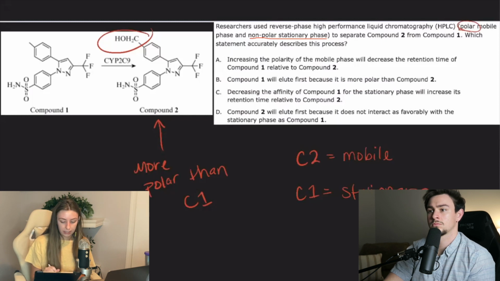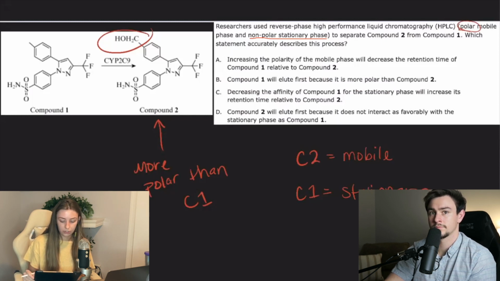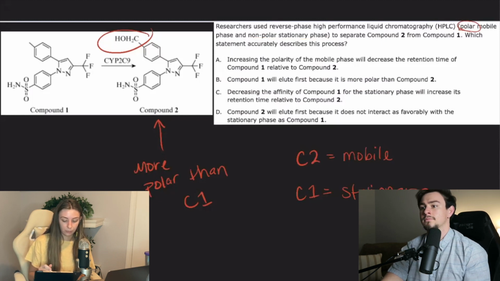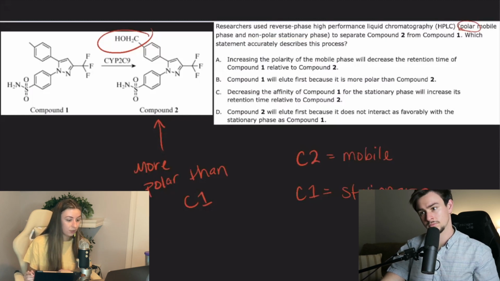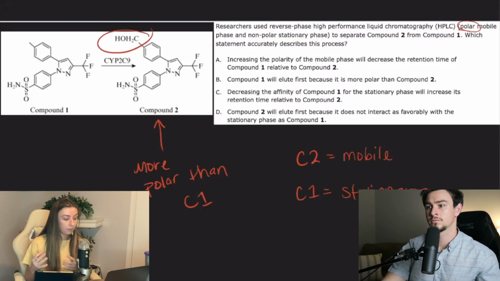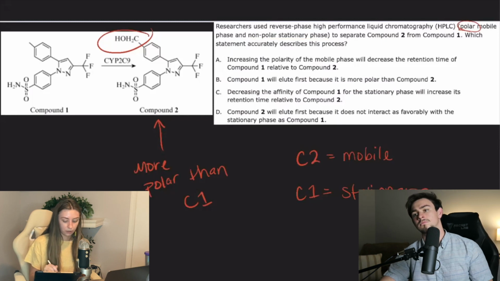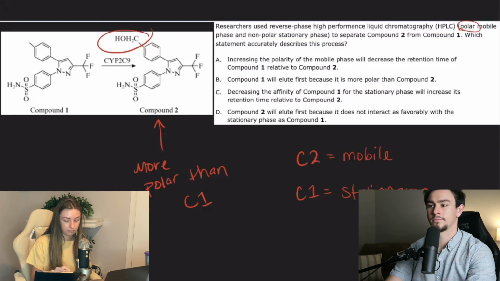And I say just compound 1 because it is relative to compound 2. I think it's going to have the same effect on compound 1 and compound 2. Compound 2 is still going to stick a little more with the mobile phase, and compound 1 is still going to stick a little more with the stationary. So I'm going to say maybe on that one.